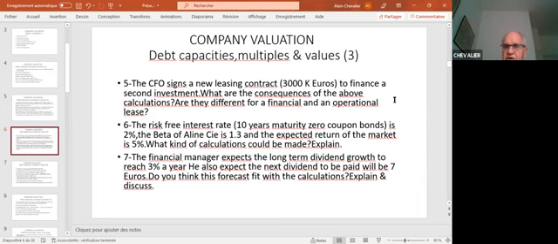It means, of course, you have an increase in the debt level, and if you recalculate the debt equity ratio, now you have 3,000 more debt in the total debt level. But the question is, what about the 100% rule?